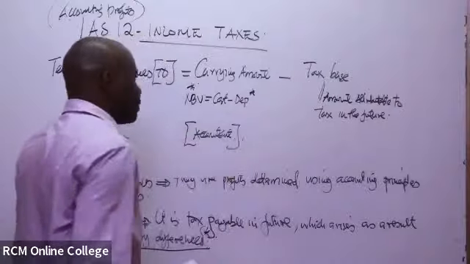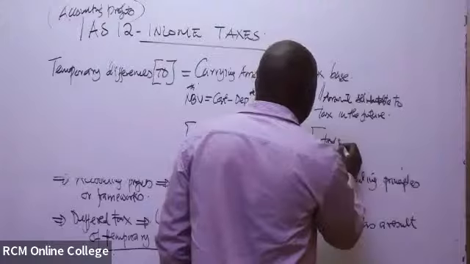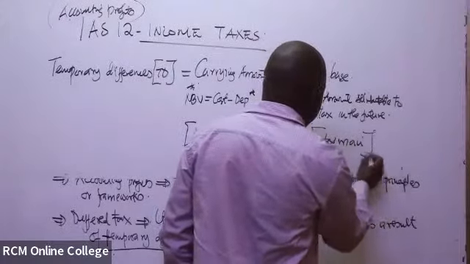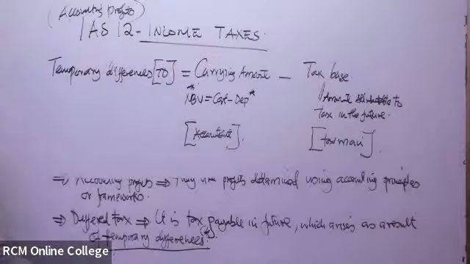But now this is what the taxman was actually expecting. It is the amount that was supposed to be taxed.